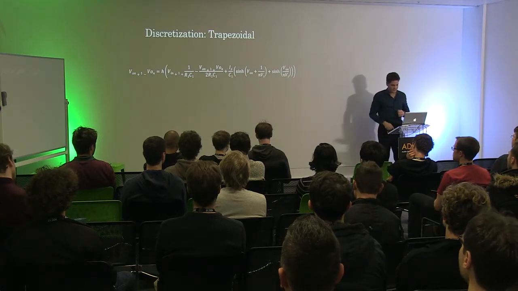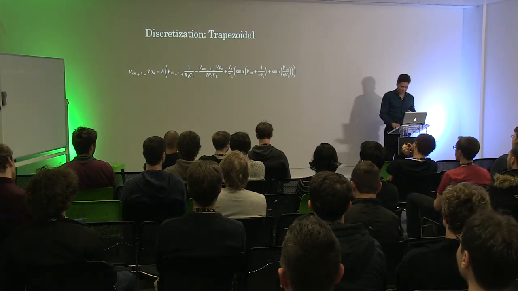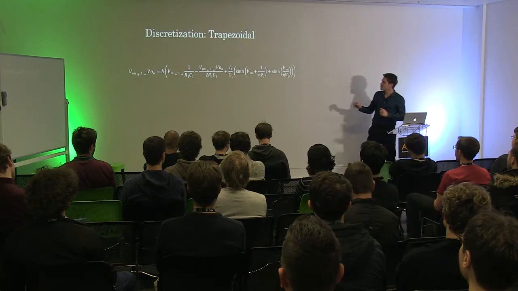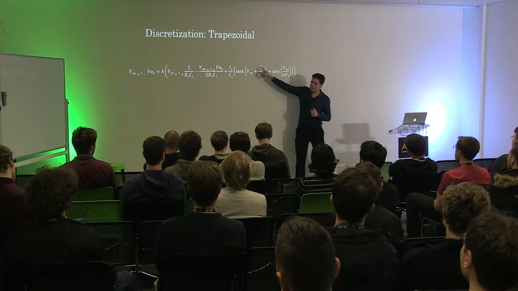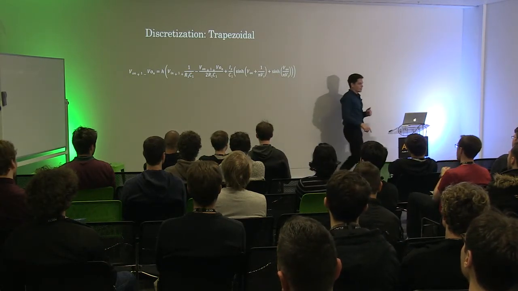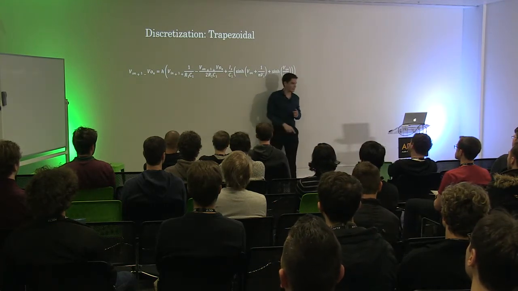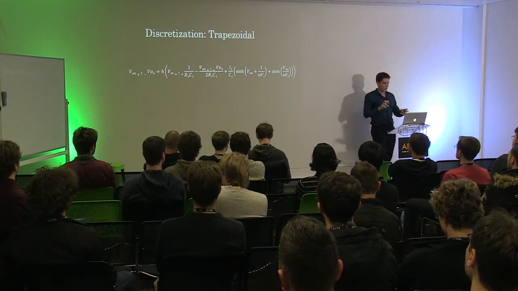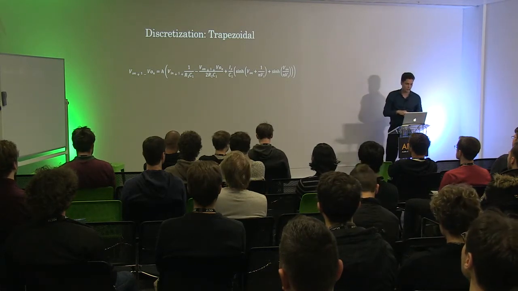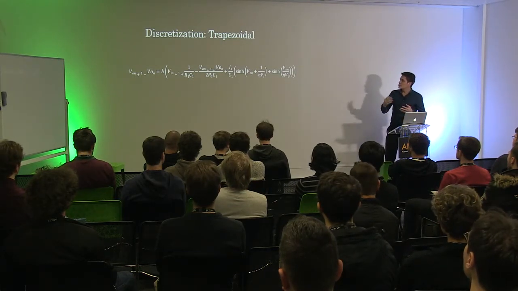Thanks, Microsoft. When you try to retrieve that VO n+1, you have it here, and you also have it here. So that's the issue. You can't just extract it out of that equation, so you need to solve.